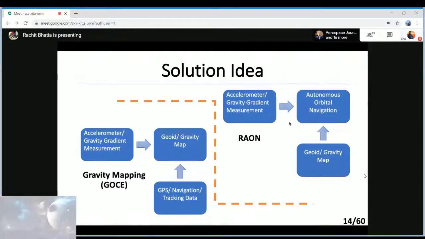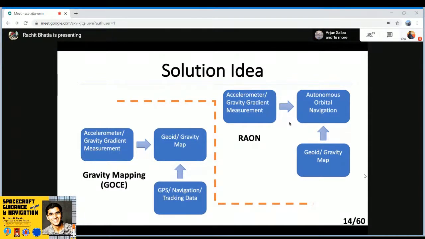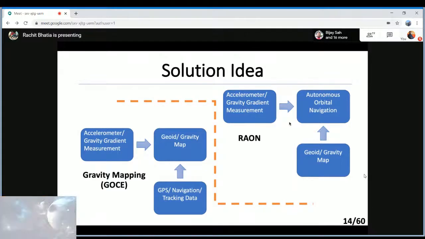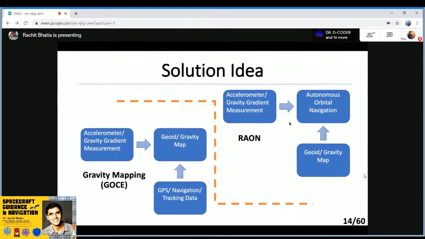They were also getting GPS data, so they knew where the spacecraft is already, and they were using these accelerometer measurements. And using that, what they did was they measured how the gravity changes with respect to position. This term is called gravity gradient. And when you measure gravity gradient, then you can generate this gravitational map.